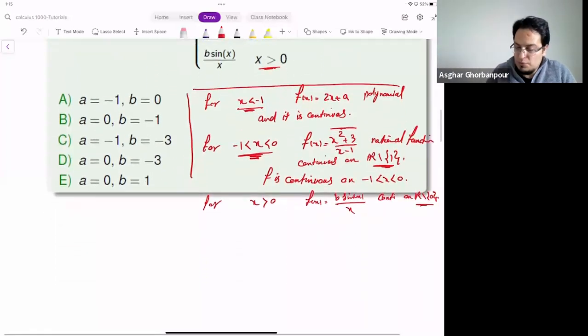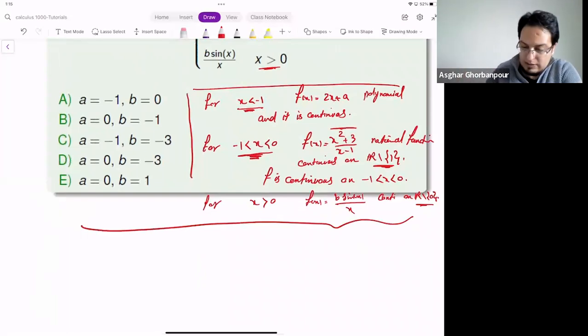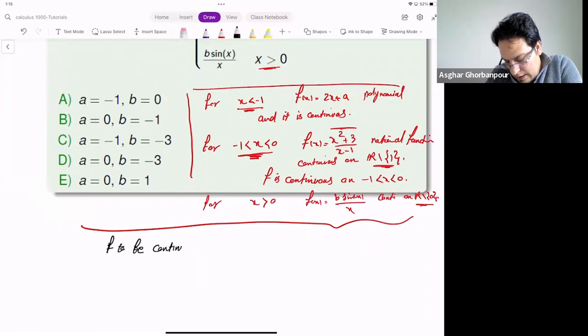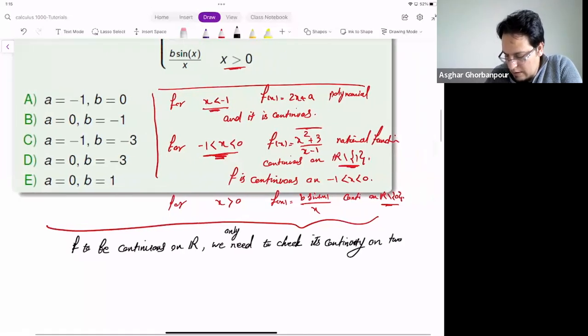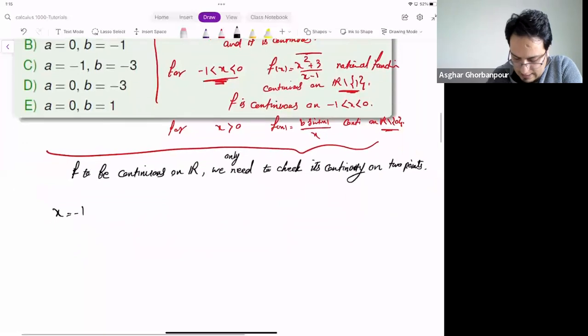So the upshot of all this work is that for f to be continuous on the whole real line, we only need to check its continuity at 2 points: x equal to -1 and x equal to 0.